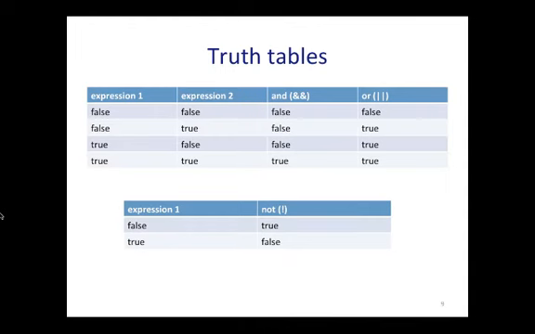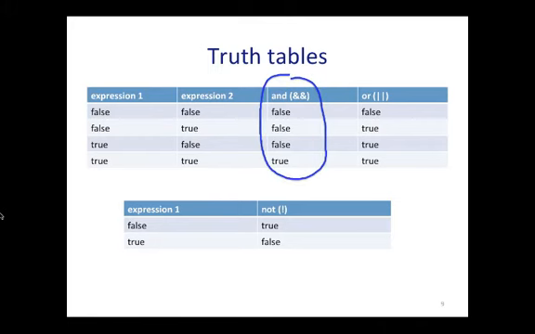So oftentimes it's helpful to think of truth tables, or represent the outcomes of these different operations using truth tables. So remember, and and or combine two expressions. This column here represents the results if I combine two expressions using and.